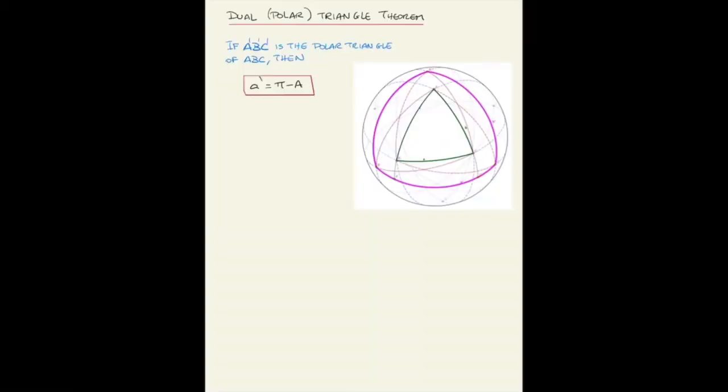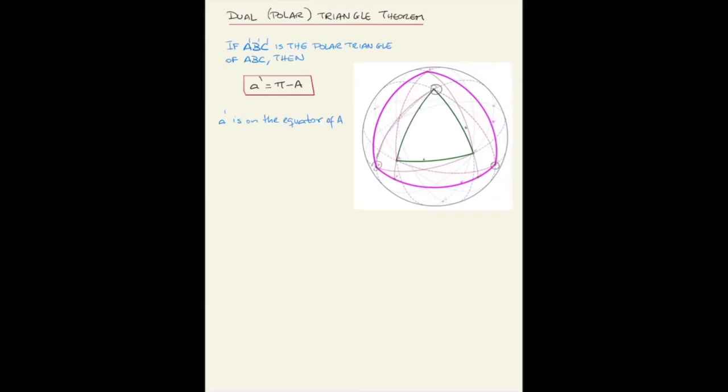So given that A prime, B prime, and C prime are the poles of ABC, then A prime is on the equator of A. You see this because the point A, which is here, is separated by B prime and C prime by arcs of 90 degrees, since they are the poles.